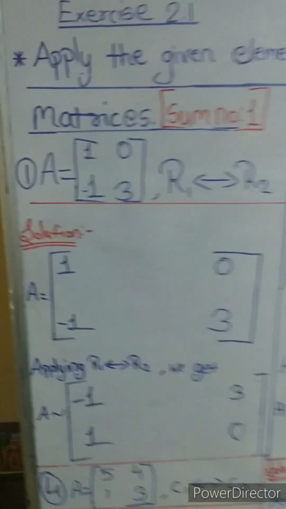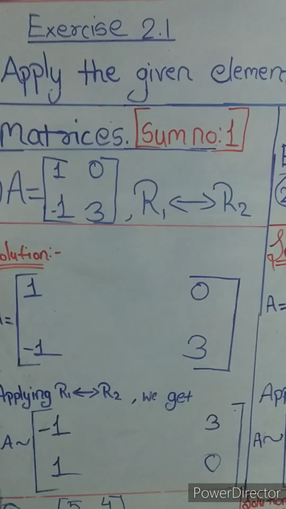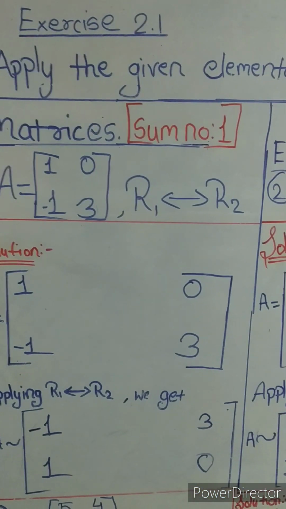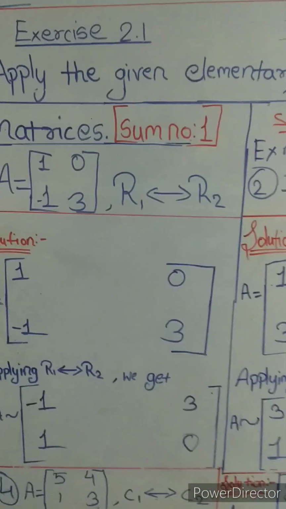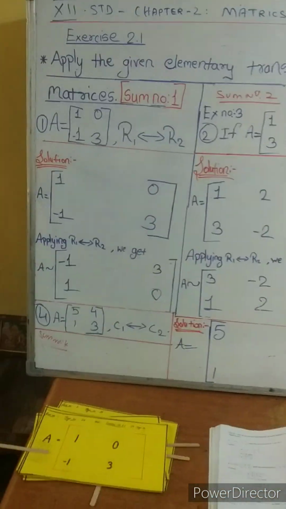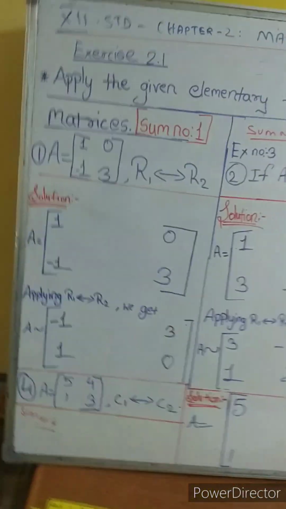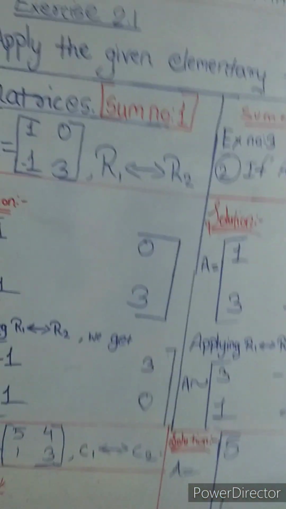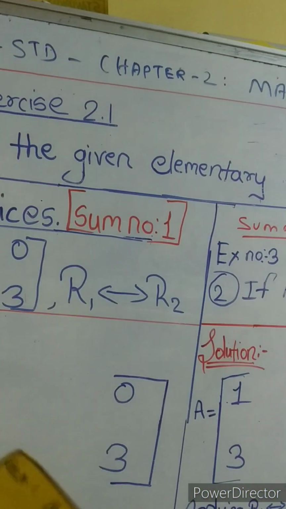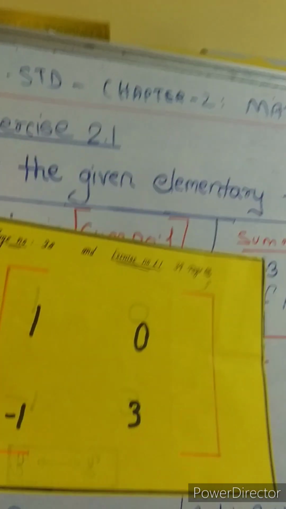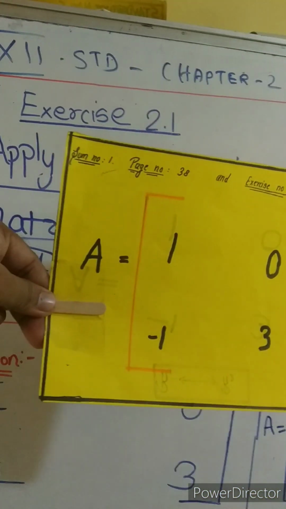Here the first question, A equal to [1, 0; -1, 3], and the elementary transformation R1 to R2. How can we apply the formula tricks here? Here I mentioned the chart, page number 38, the same sum.